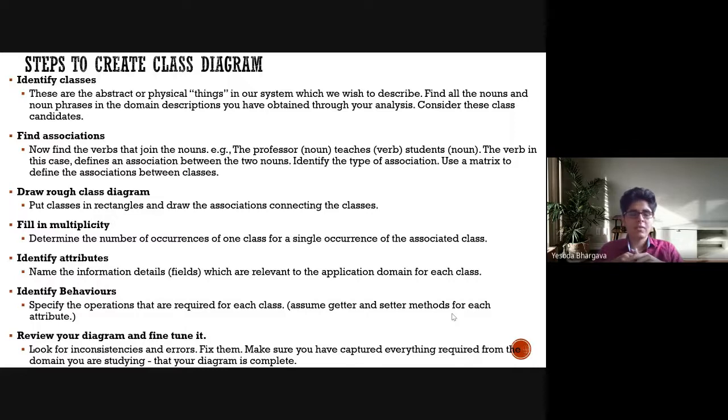After you are satisfied that every piece of information that is expected to demonstrate your system has been put in the class diagram, at that point you can say that this class diagram seems sufficient, and from this we can move on to the coding aspects.